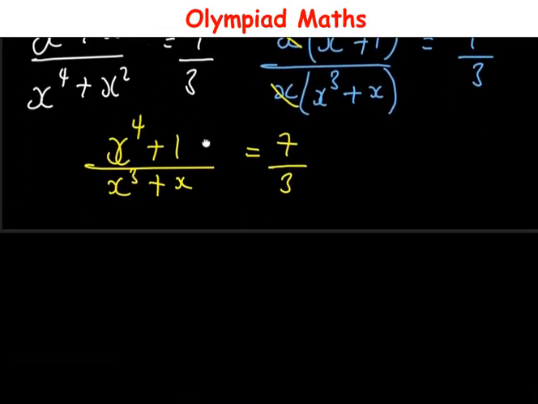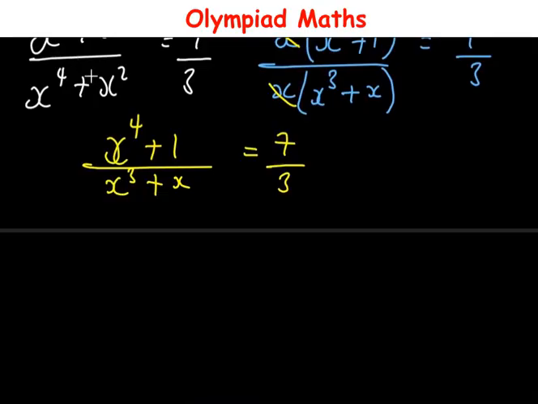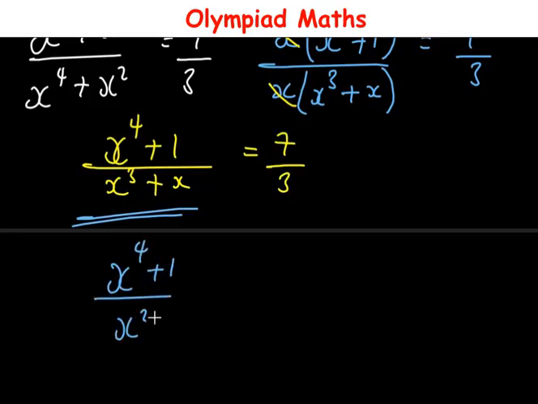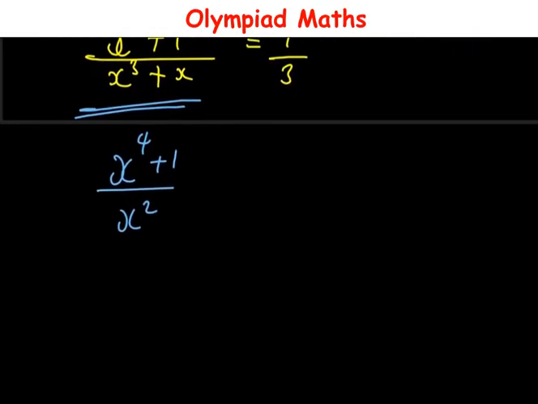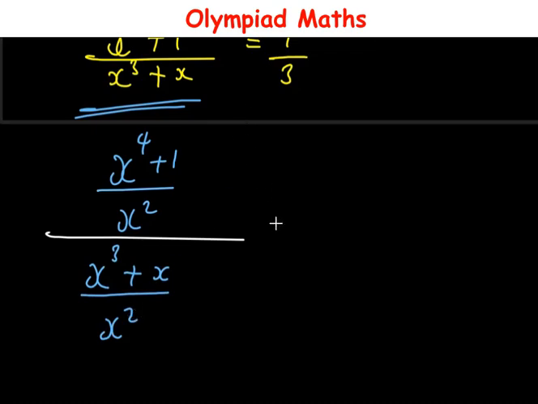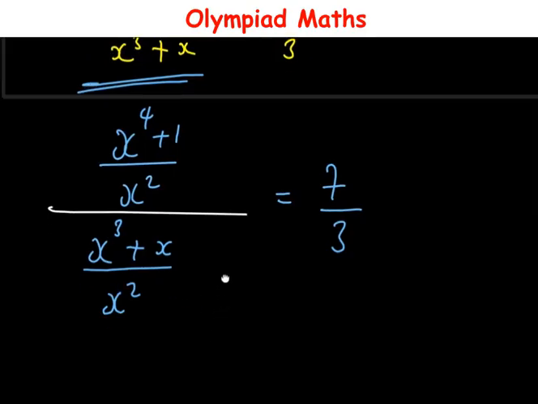So from here, the next thing we're going to do is to divide the left-hand side, both the numerator and the denominator, by x^2. So this becomes (x^4 + 1) divided by x^2, all divided by (x^3 + x), also divided by x^2, and all of this equals 7/3.